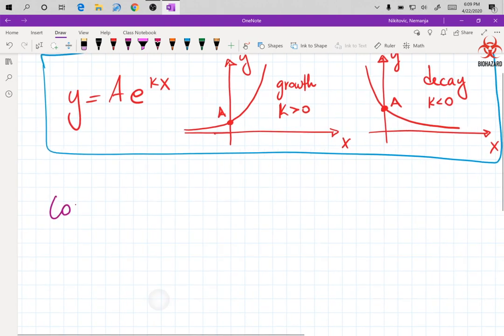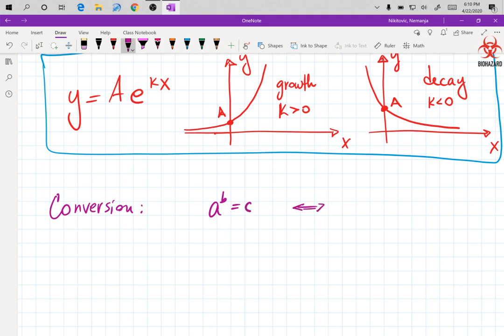So conversion is something that is important, and what we have here is that a to the b equals c converts back and forth to log base a of c equals b. So we will be going back and forth between these forms.